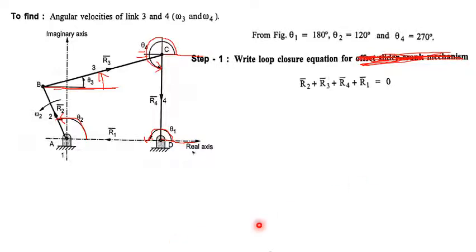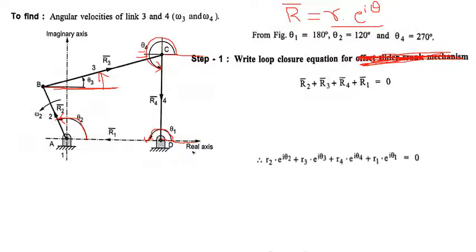Now we know that an R vector can be written in terms of magnitude and direction. R represents the magnitude, whereas e to the power of i theta represents the direction. In this form we represent these position vectors.